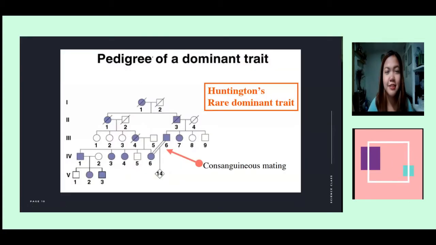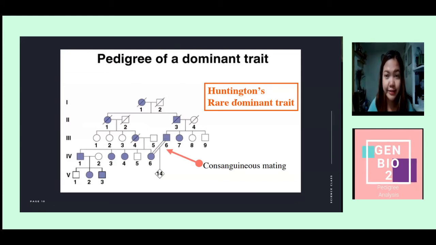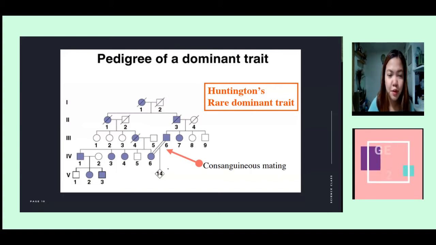Okay, so this is another example of a pedigree of a dominant trait. Later on, I'll show you guys how to compute the probability of this number 14.